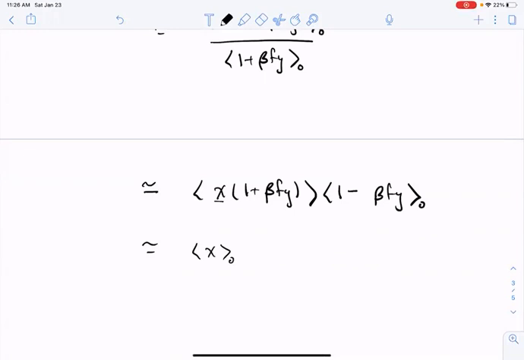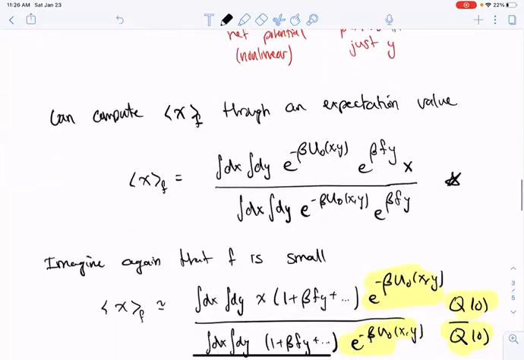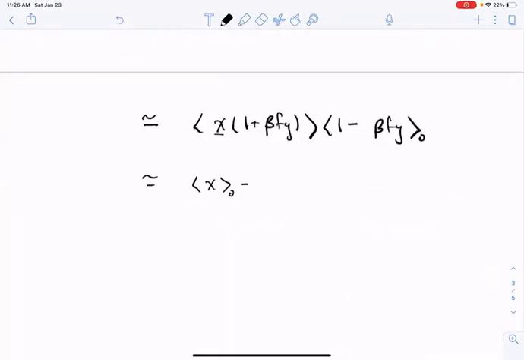I then get a cross term with a minus, where x averages with 1. I get an x times, and move these averaging operations inside, I get a beta f average of y.